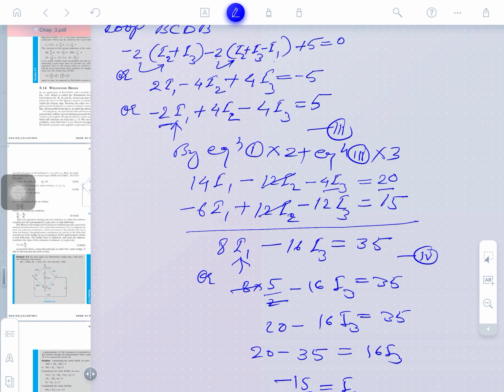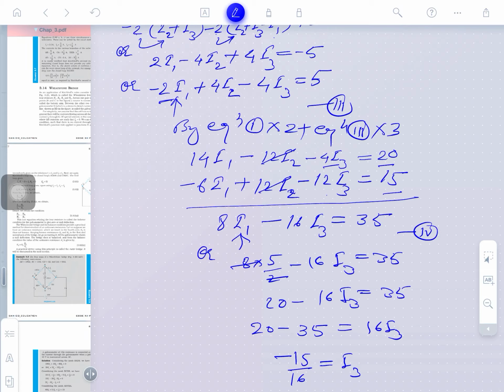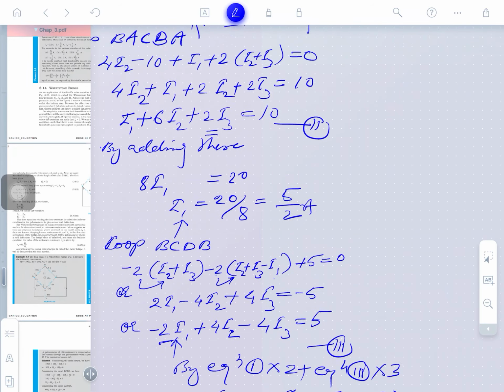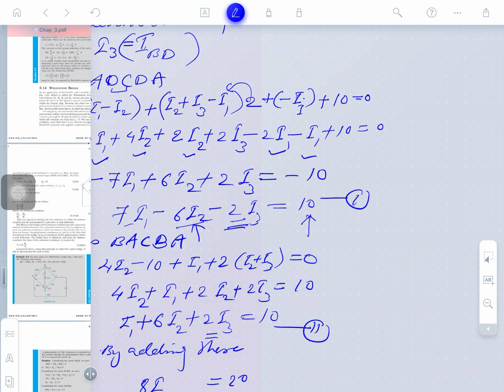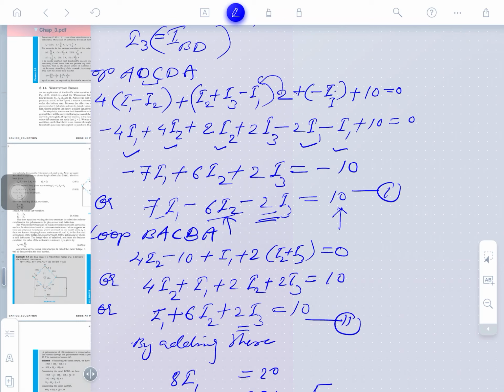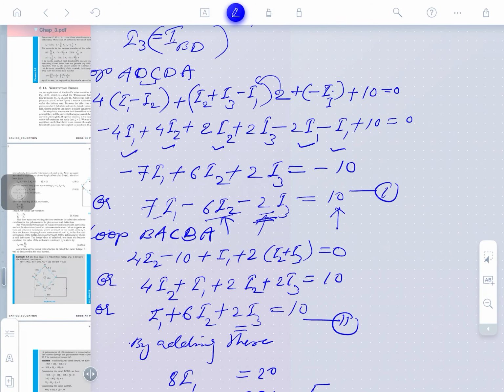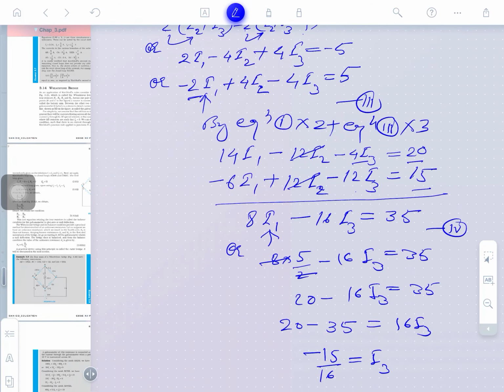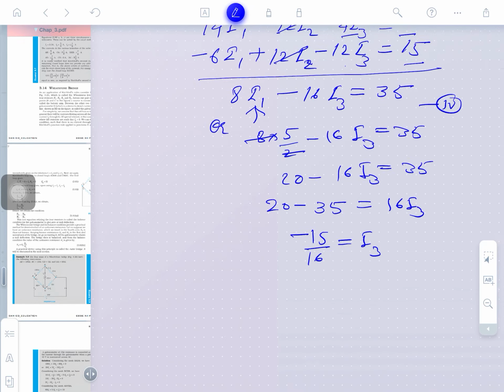Here you have multiplied by 3. So 6 and 12, 3 fours are 12 also. 3 fives are 15. We are adding them. So what is that? 8 is left here, and positive 4 I3. Positive I3 here. You may see negative I3. So 2 to the 4 negative I3. This is coming negative.